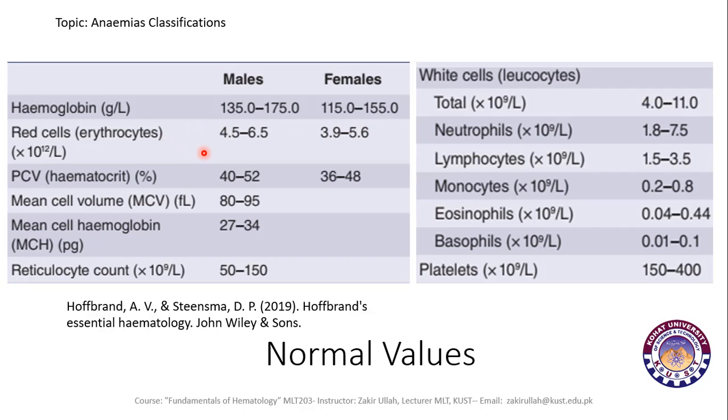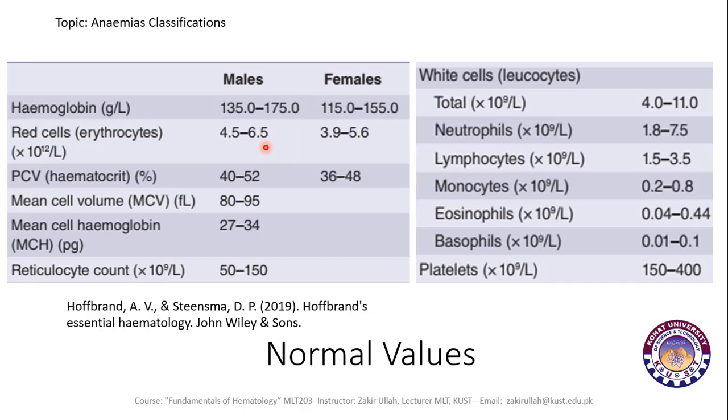And also these values depend on the locality and the ethnicity. For example, in certain regions the lower limit is considered as 120 gram, or in certain areas it is 115 gram. So plus minus 5 is a variation in every area depending on the location, depending on the site.